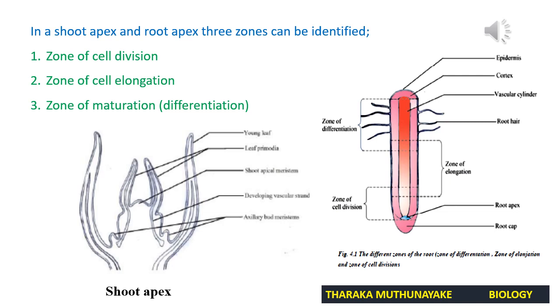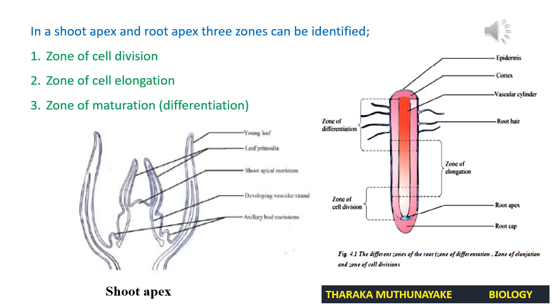But in your right hand side diagram, in the root apex, these three zones are clearly marked. Look at that. At the tip of the root, you can observe the zone of cell division, where you can observe the apical meristem. Here in this diagram, it is labeled as root apex. Actually, it is the apical meristem.